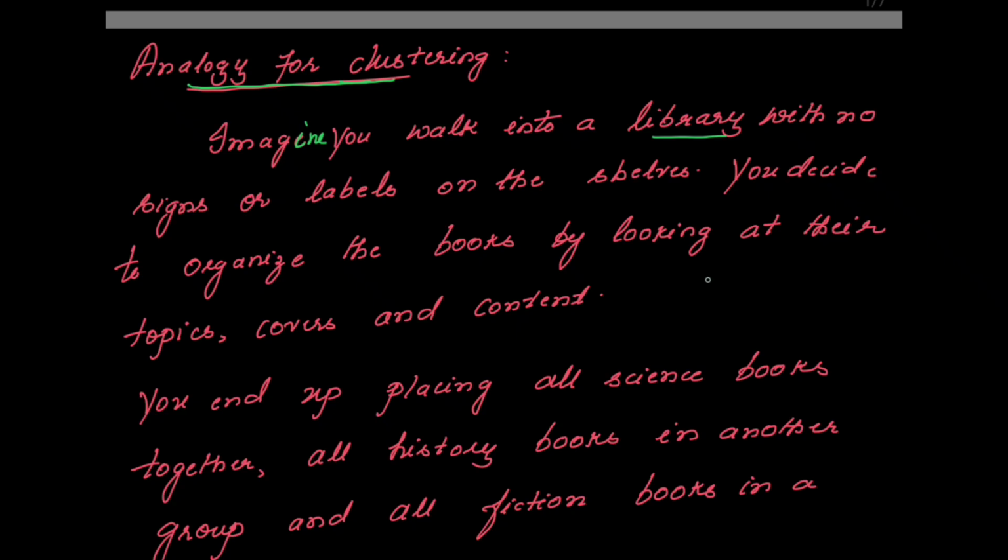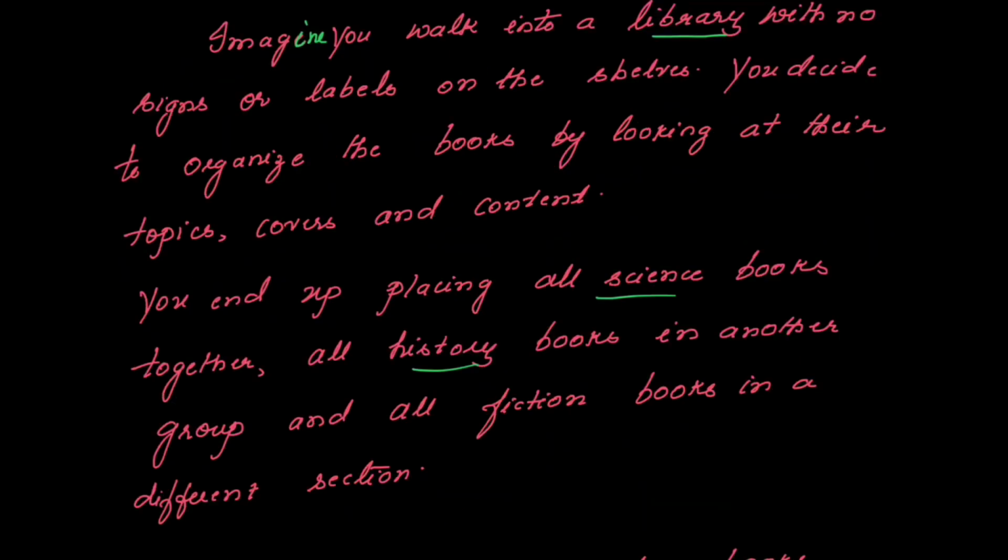You are going to place the books into the shelves, but you are not having any label on each of the shelves. But still, you will look at the book's cover and find out, okay, this book belongs to science, this book belongs to history, this book belongs to fiction. All the books of science, all the books of history, all the books of fiction you are placing together like this.